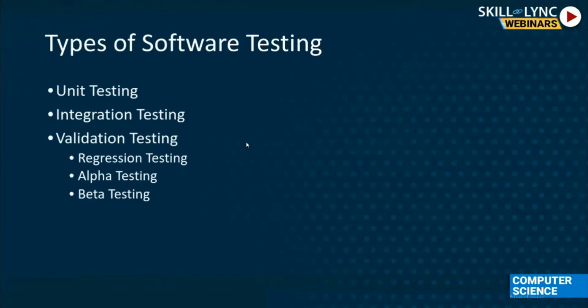For some point in time, they will do the alpha testing, and then they will release the product to a small group of people as beta testers, right? So alpha and beta are special kinds of testing. We ask end users only, but they will be certified users who are part of a small community. So regression testing, alpha testing, and beta testing are all part of validation testing.